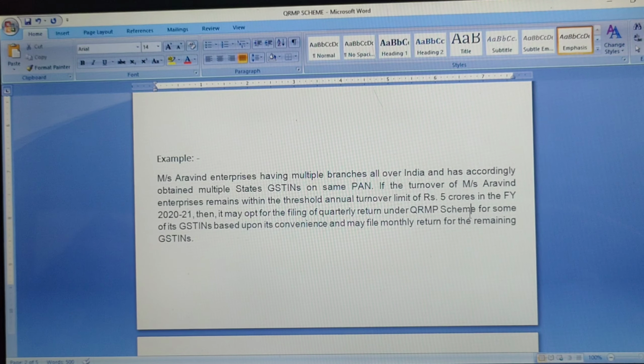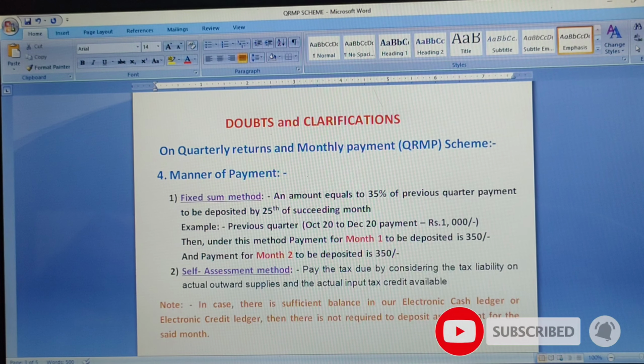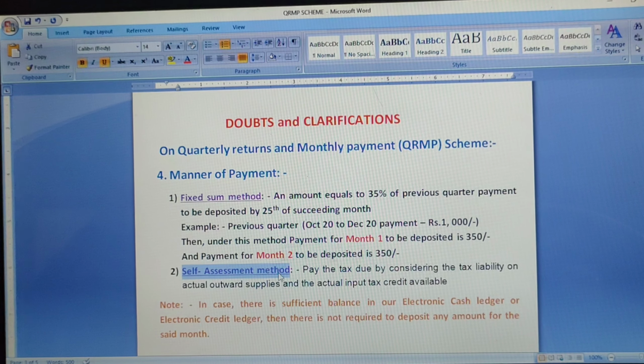in the preceding year. And next, let us know the manner of payment under the QRMP scheme. There are two methods for this scheme: number 1, fixed sum method, and number 2, self-assessment method. Under the fixed sum method, an amount equal to 35% of the previous quarter payment is to be deposited by 25th of the succeeding month.